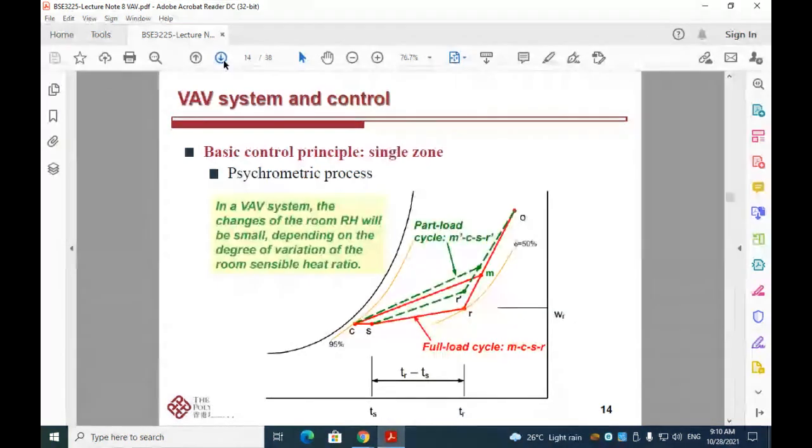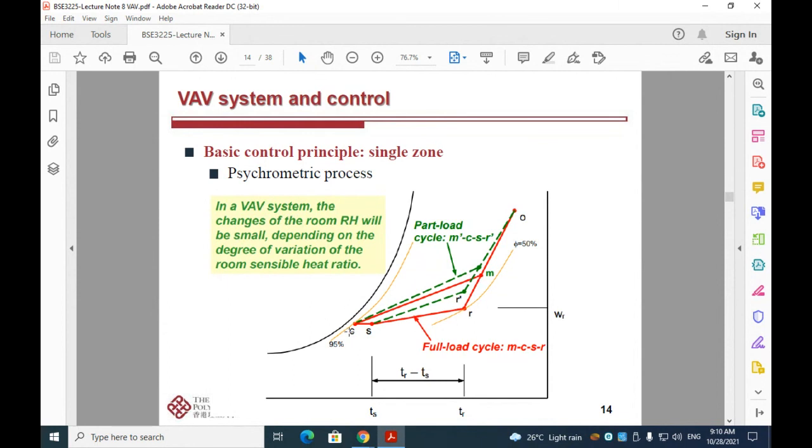Okay, so now we will be looking at the psychrometric process of a VAV system under a basic control principle for a single zone. The red lines here illustrate the full load cycle.